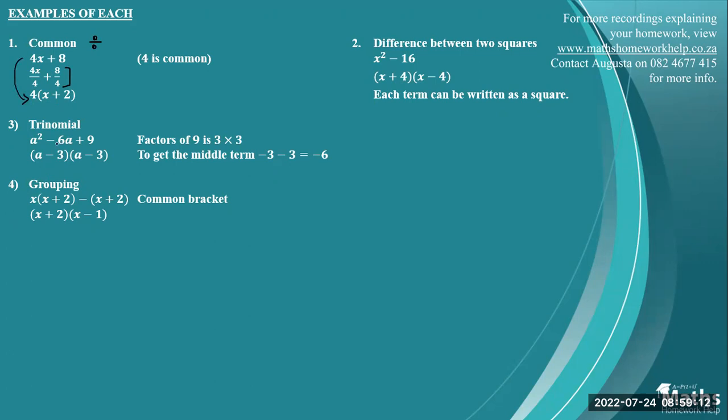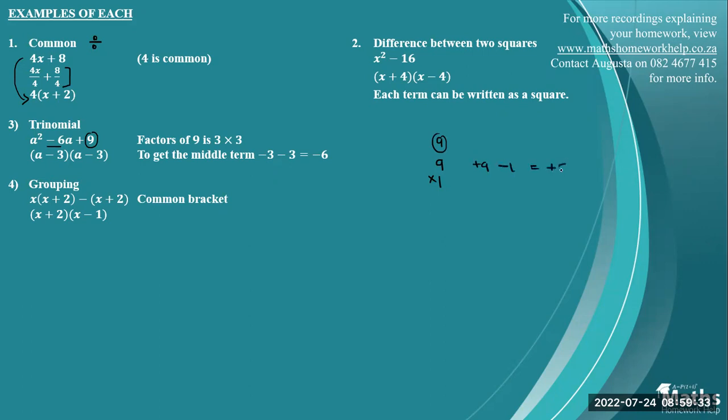A trinomial means that you must work with the factors of the whole number, and you plus or minus the factors of 9 and try and get the middle term. So 9, I can either break up into 9 times 1, so I can say plus 9 minus 1.